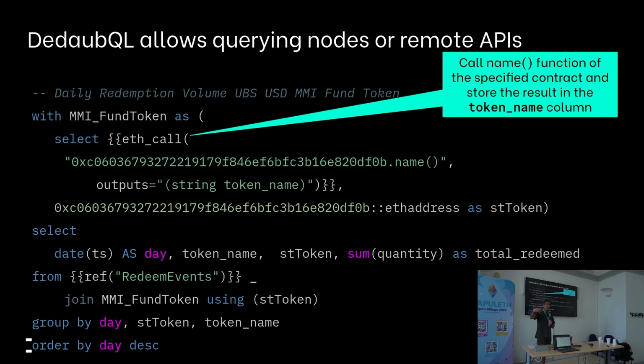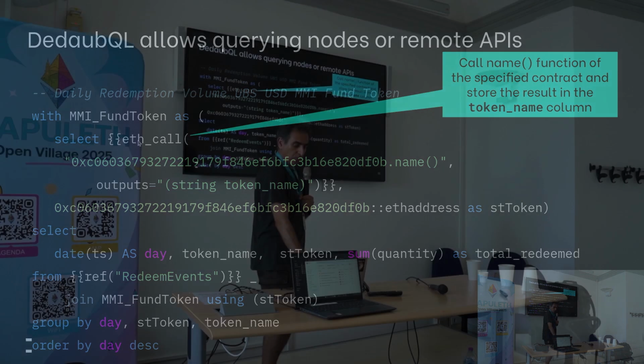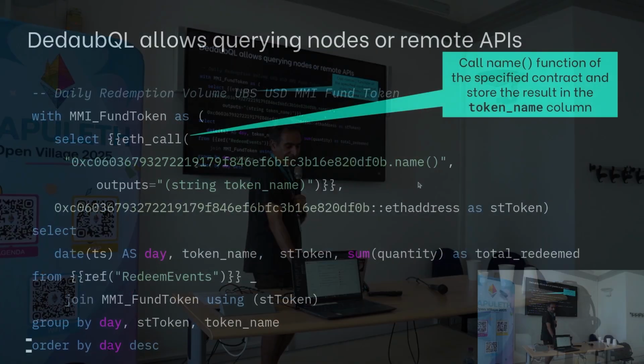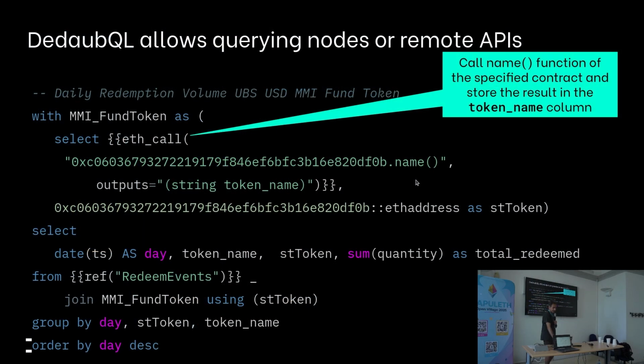Not only do I have a database, but I also have the ability to call any Ethereum functionality, any node functionality. I have the ability to do an ETH call from inside the query. So for instance, here, we're doing an ETH call. That's another table gadget, another macro from our SQL variant that says, I will do an ETH call and I will get the name from this token.